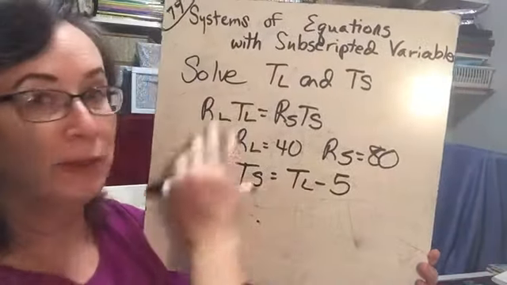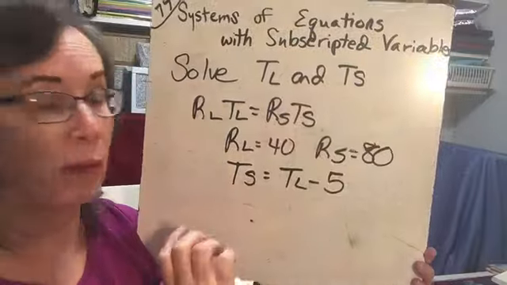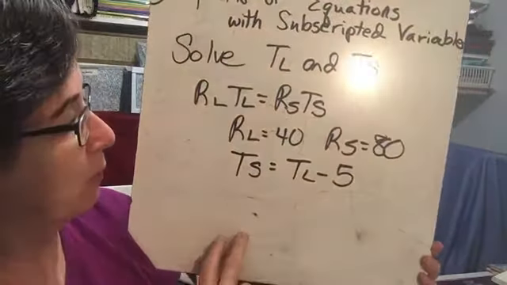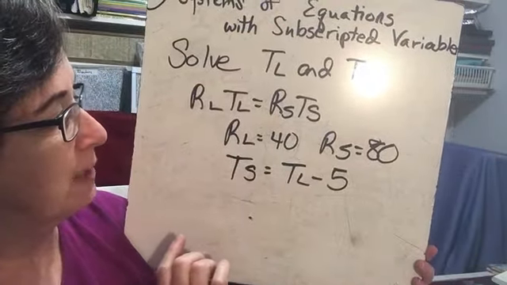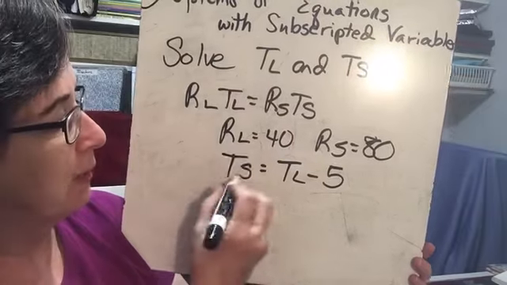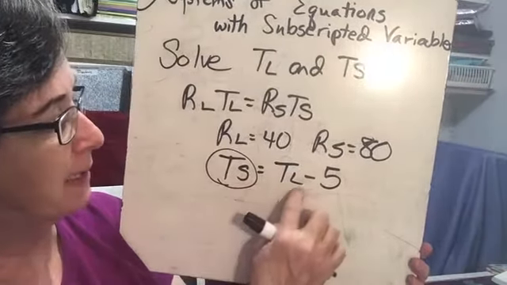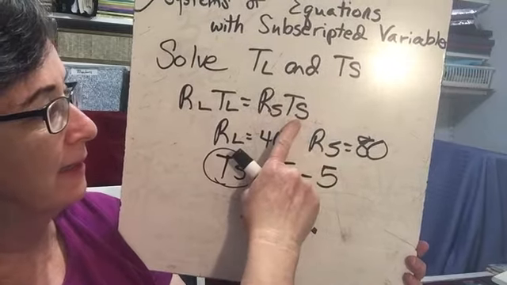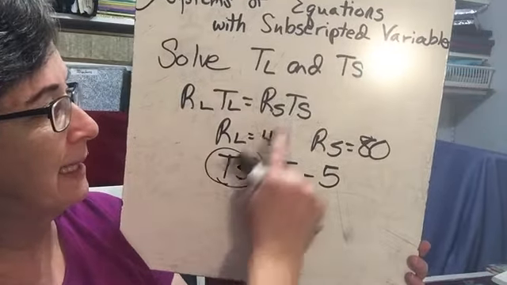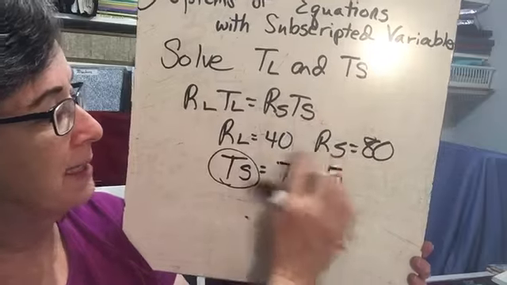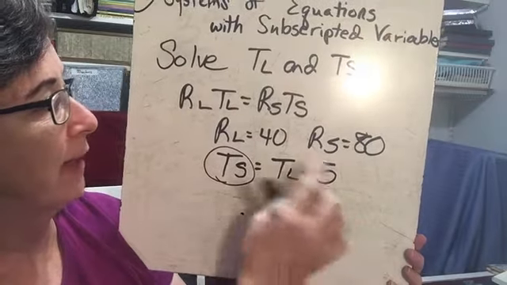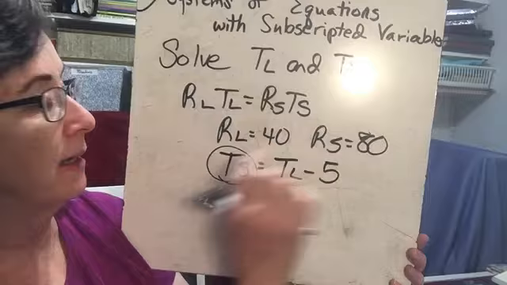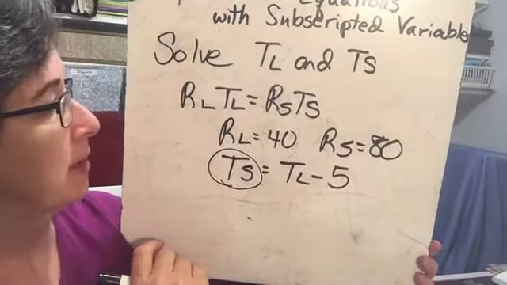So we have our information. We're going to solve for both times. And when we're looking for this, we could use a substitution. You see, we have TS is equal to TL minus 5. And here we have a TS. So let's put this TS up here by substituting TL minus 5. We're given the two rates, so then we'll only have one variable to solve for.